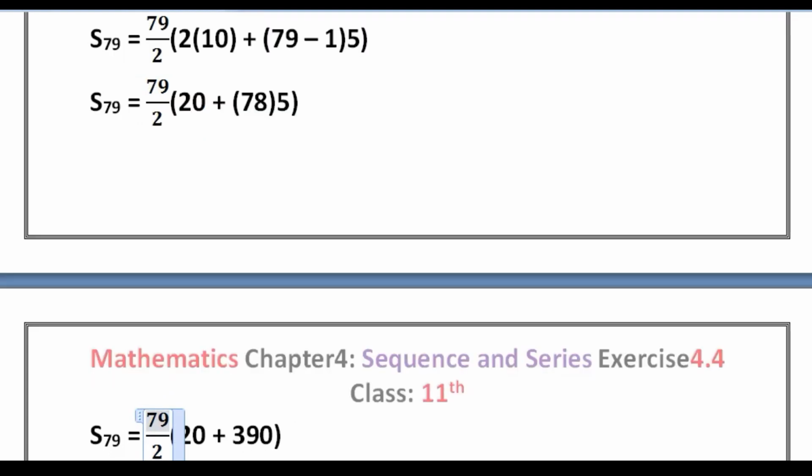So next, S79 is equal to 79 divided by 2 into (2 times 10, which is 20, plus (79 minus 1), which is 78, multiplied by 5).